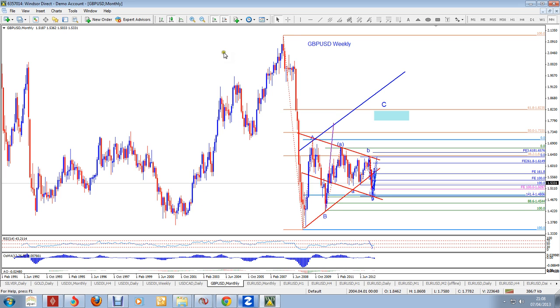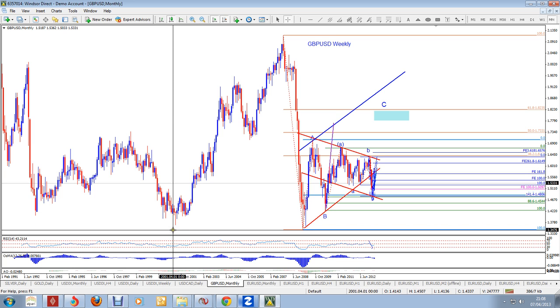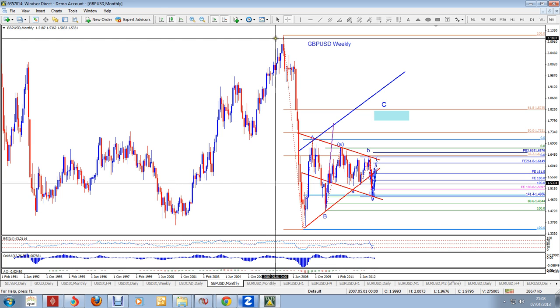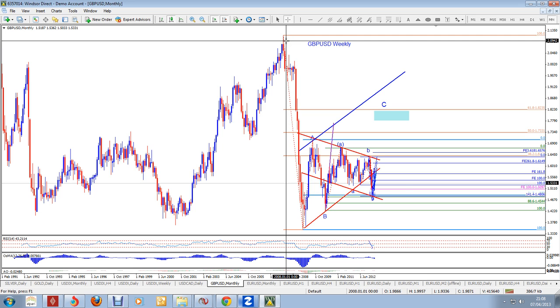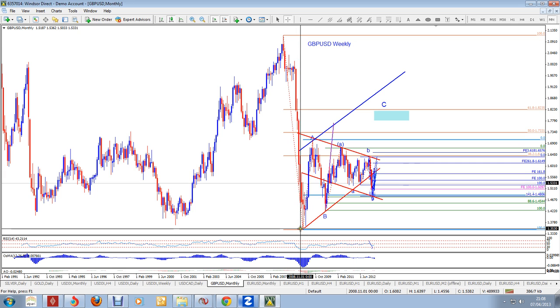So if that is the lowest low up to here, then we have gone in an ABC retracement. So we retrace some of that to here, then we continue down, and in that process we've got this one as a much larger wave A.